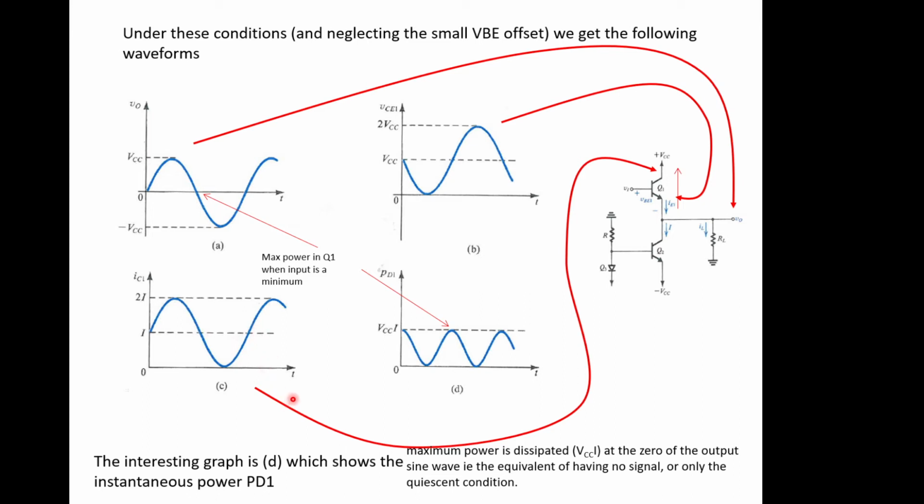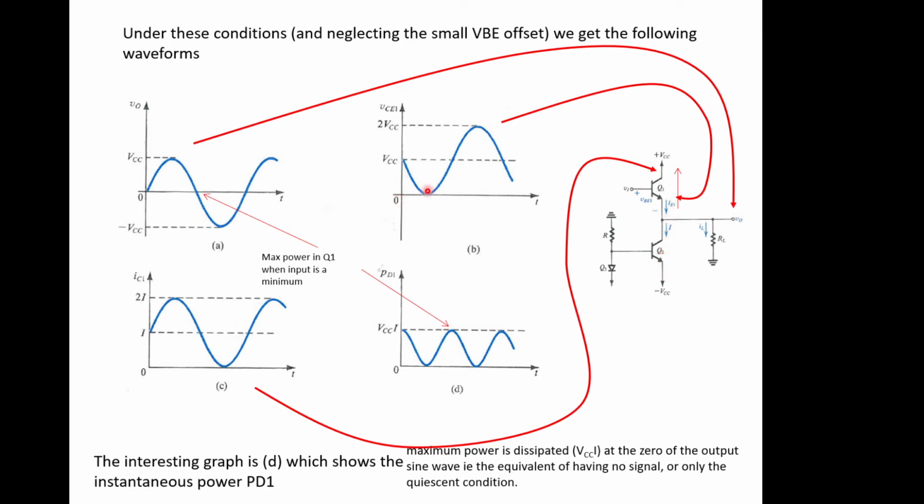You can also see that the collector-emitter voltage across this transistor, as we cycle through, ranges from 0 all the way up to 2 VCC when this is the main conducting path and this is on. All the voltage gets dropped across this transistor as this point drops towards this value down here.